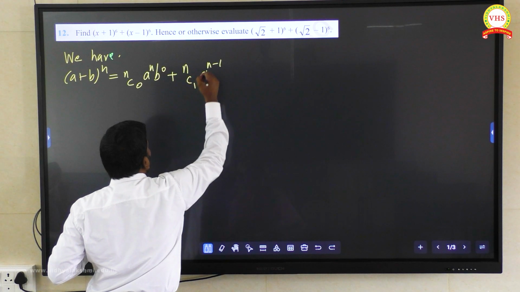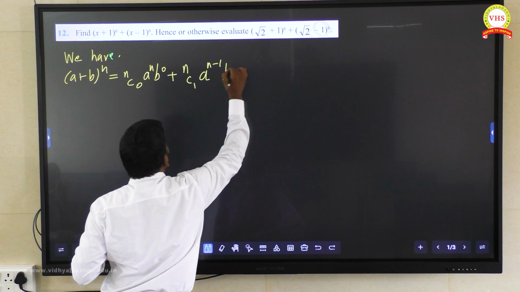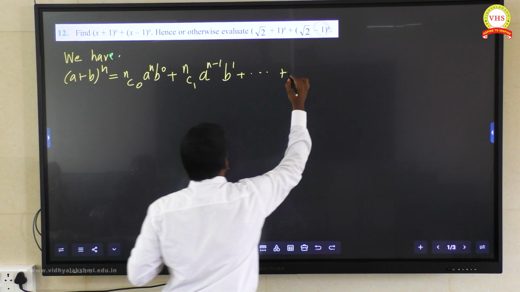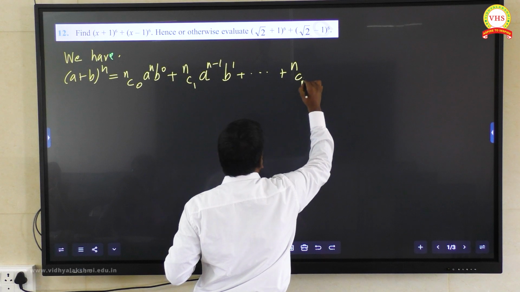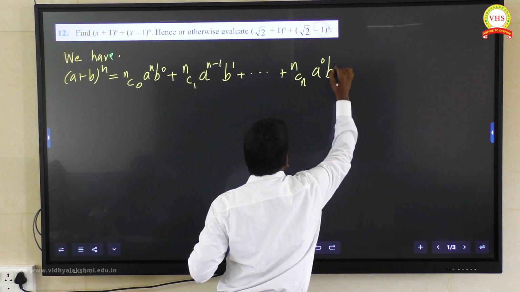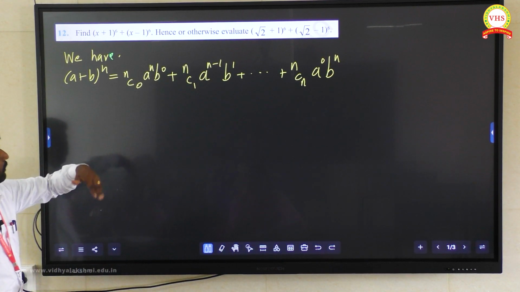These two we have to subtract and write in the power. And b power 1, this one we write as it is. Like that we will be writing till nCn a^(n-n) b^n. This n we are writing as it is. Understand? Like that we have to compare.